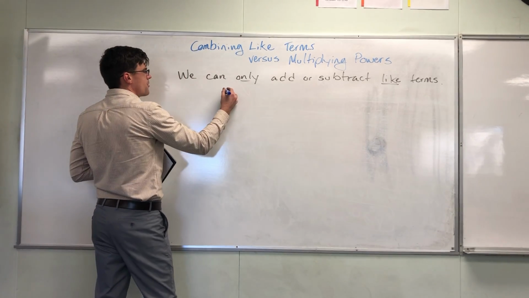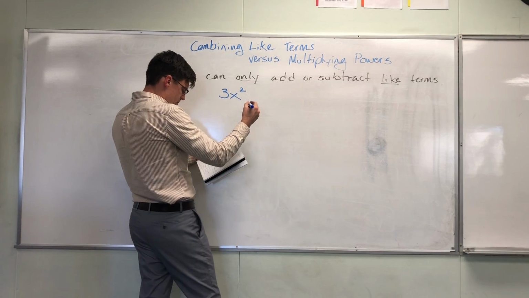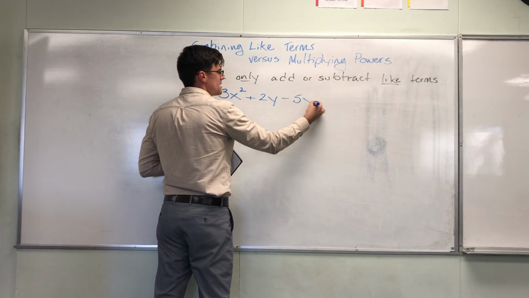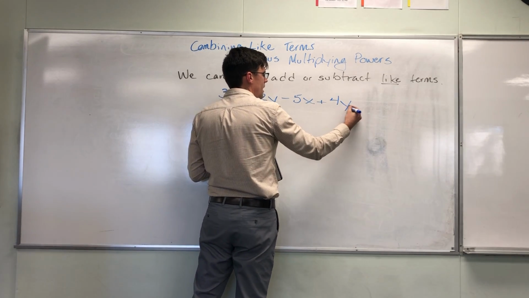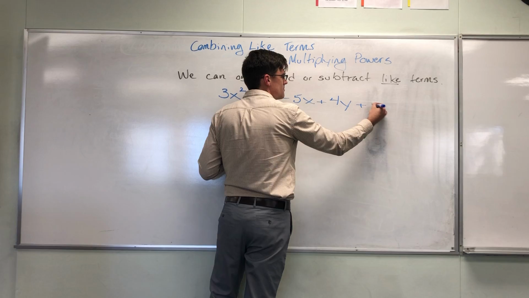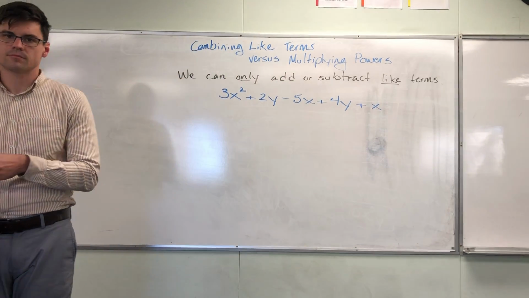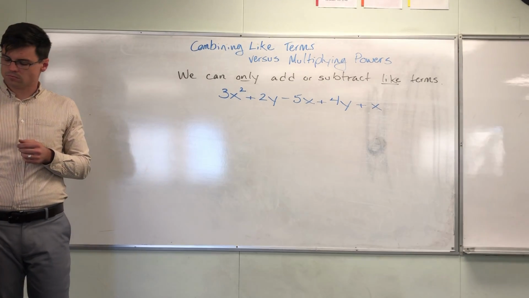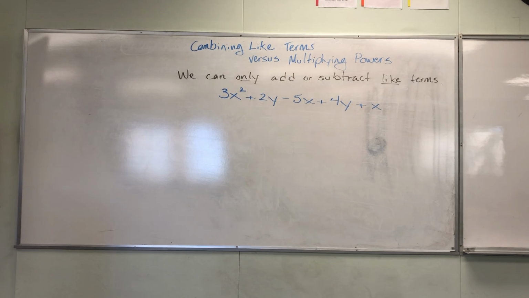Let's say I had 3x squared plus 2y minus 5x plus 4y plus x. So first, let's identify the like terms.